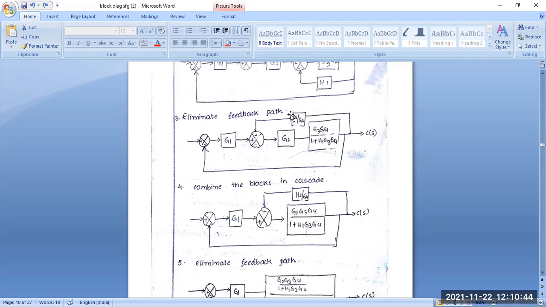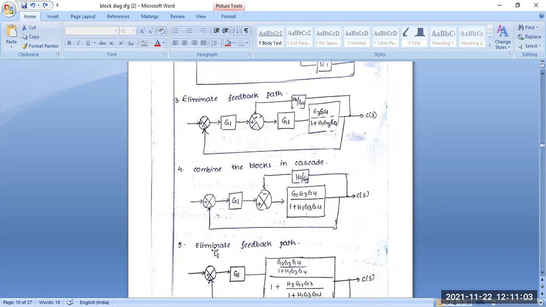And this is the feedback path that is available, H2 by G4, from this summing point to the output point ahead of the blocks. So in this step we continue to combine the blocks in cascade format.